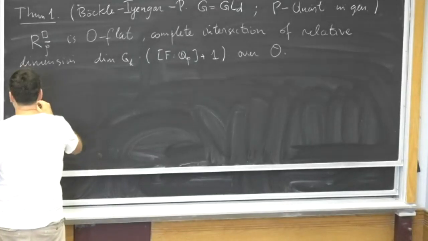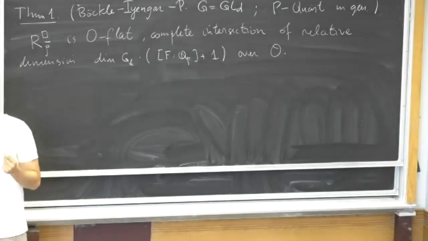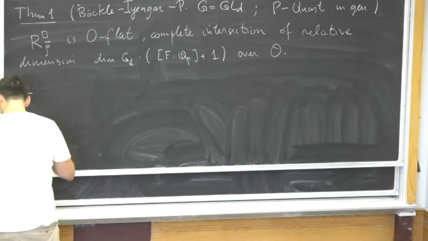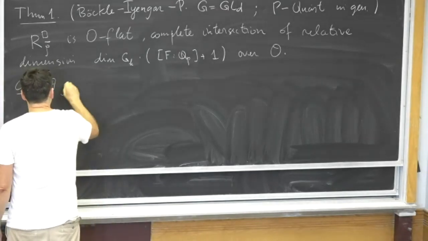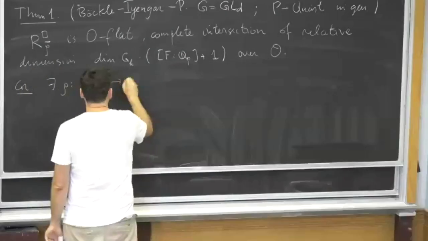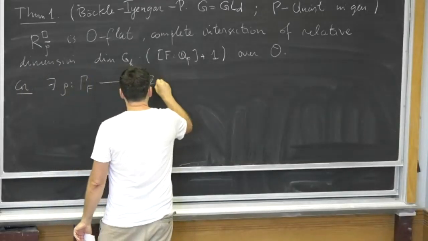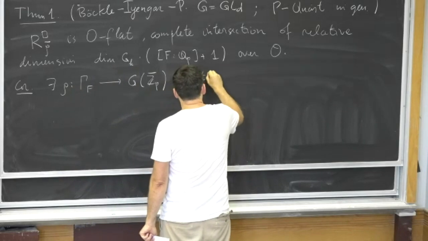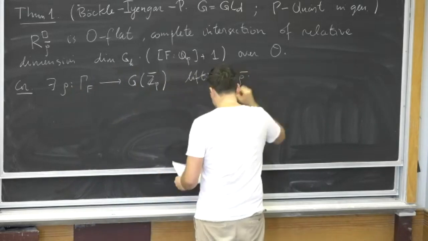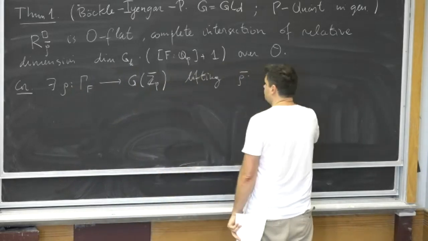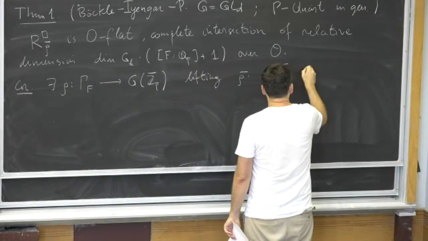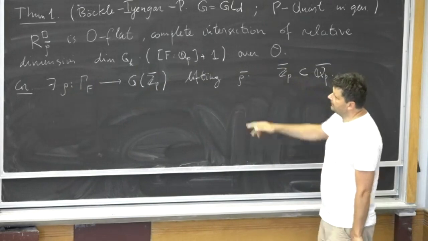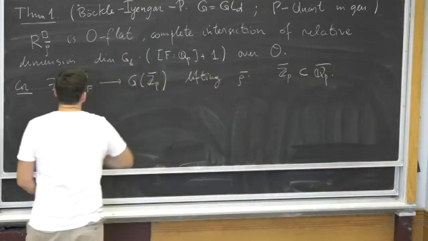But there are more down to earth motivations. One immediate corollary is that there exists a rho lifting rho bar, valued in Z_p bar, and this follows immediately from this O flatness.